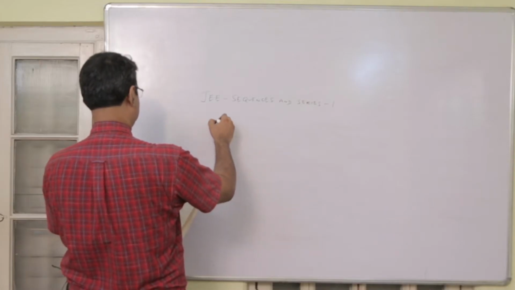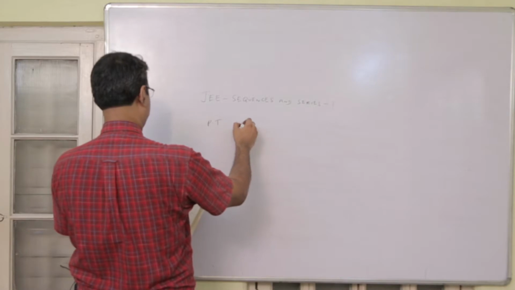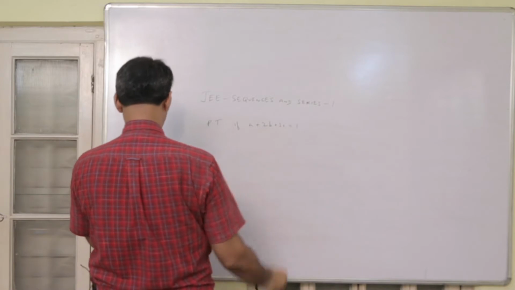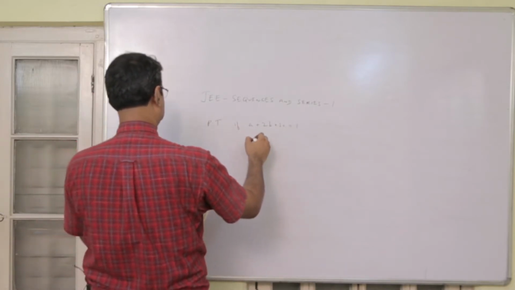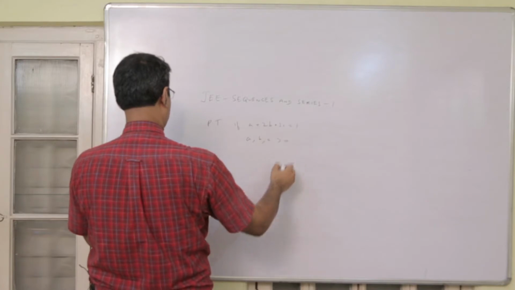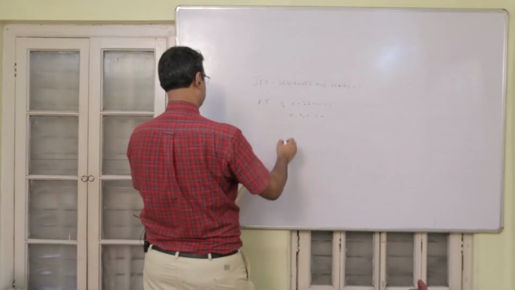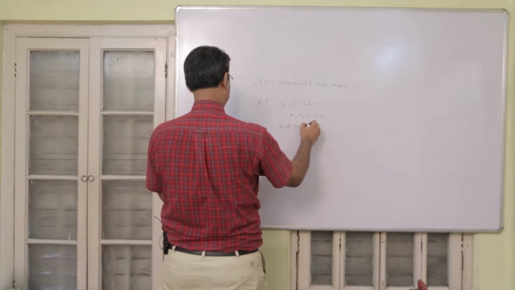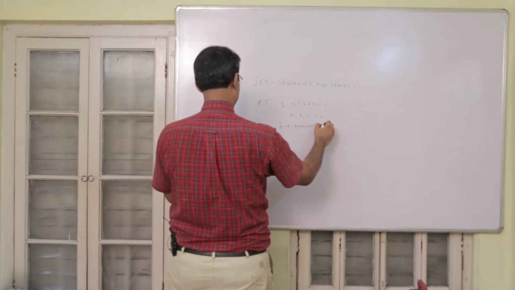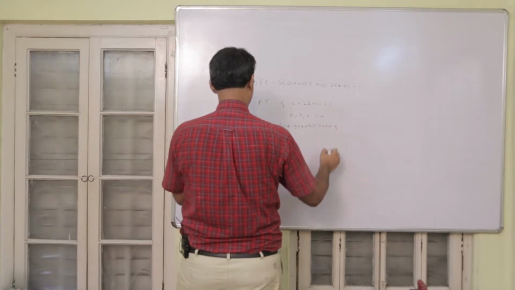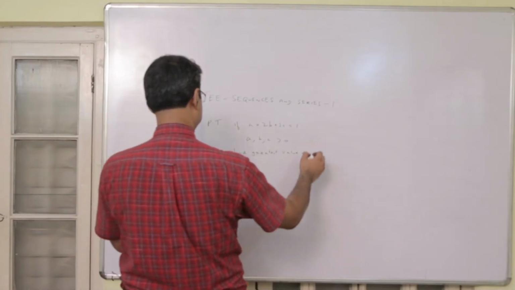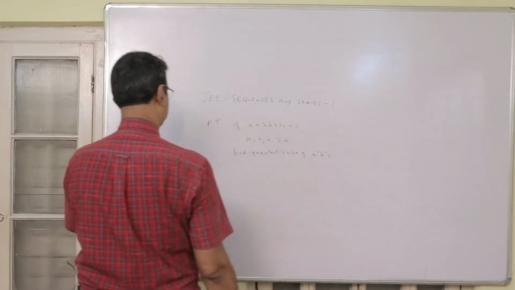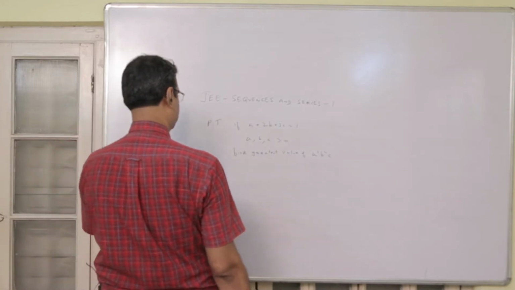Suppose we have a question like this, prove that if A plus 2B plus 3C equal to 1 and A, B, C are positive real, you have to find the greatest value of a cube b square c.